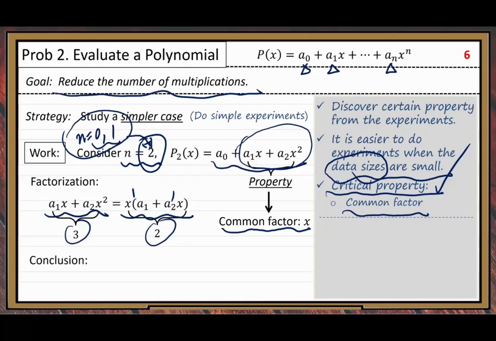So our conclusion is when we apply the factorization operation, we can improve our algorithm by reducing the number of multiplications. For this experiment, our gain is we improve the multiplication number from 3 to 2.